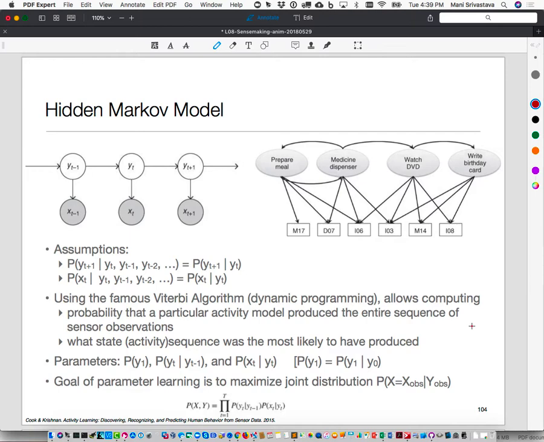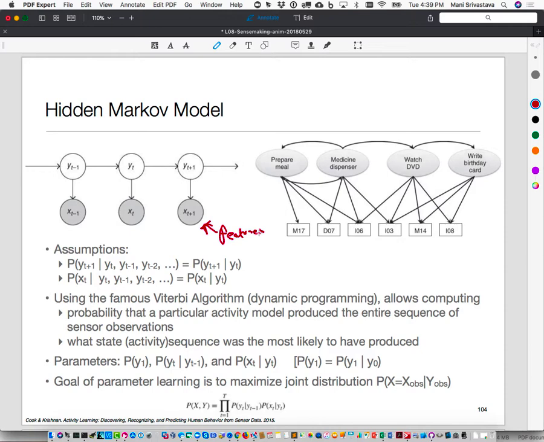But I'm making an observation, which is the sensor observation, or rather the features of the raw sensor measurements. So these are already features. And what's happening to the system is that it's moving from state to state to state, from one activity to another activity to another, and as a result it is emitting these observations.